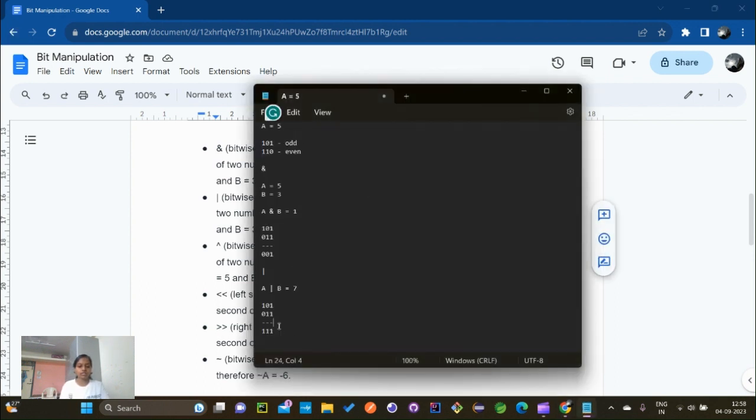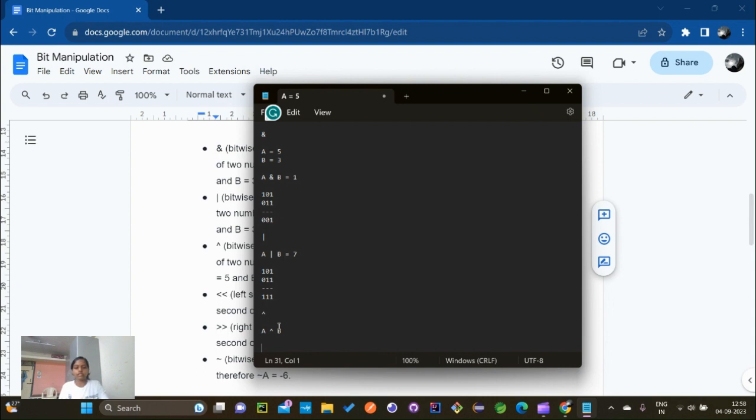Now the next operator is the bitwise XOR operator. A XOR B, we have to find. While doing the XOR, what we have to remember is if both the bits are the same, then the answer is 0. If both the bits are different, then its output is 1.